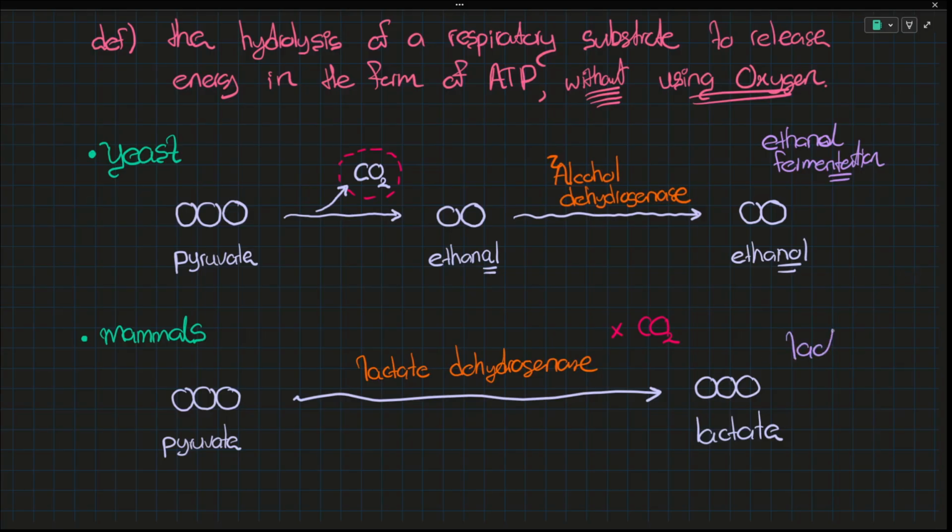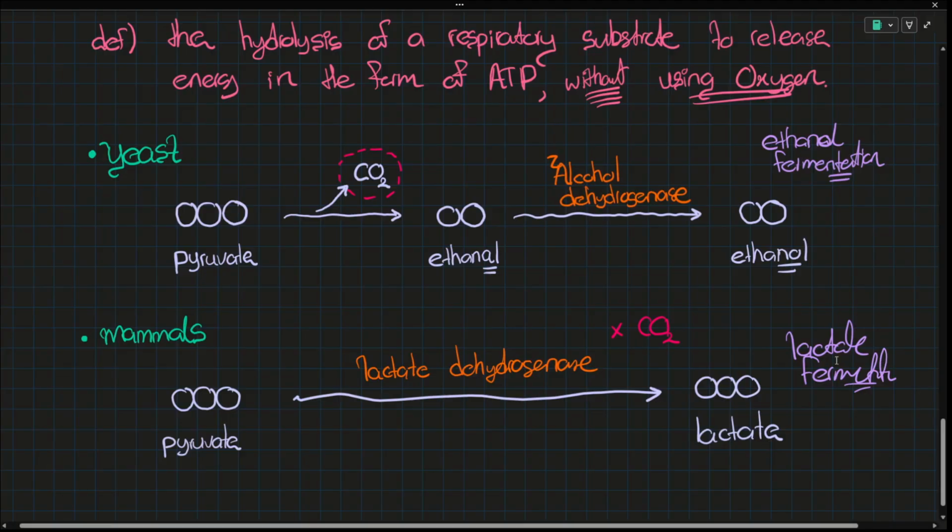And final point, this is known as lactate fermentation. Now this lactate has different fates. This can be oxidized to pyruvate to enter the Krebs cycle, or this can actually be stored as glycogen. More on that later after we have understood the stages of cellular respiration.